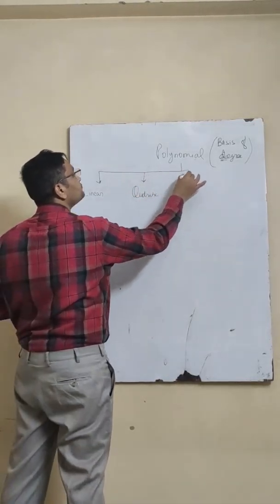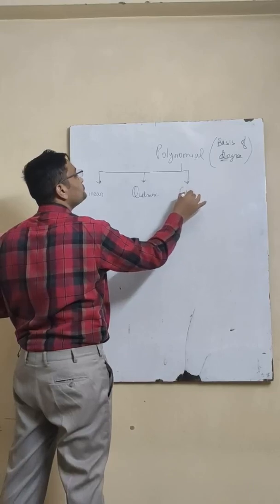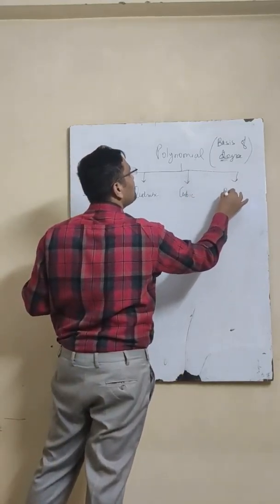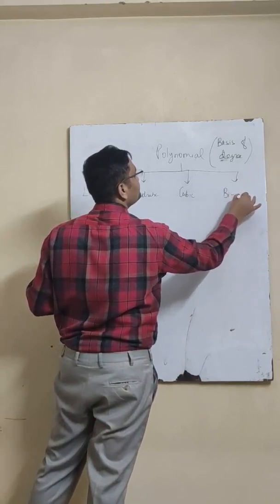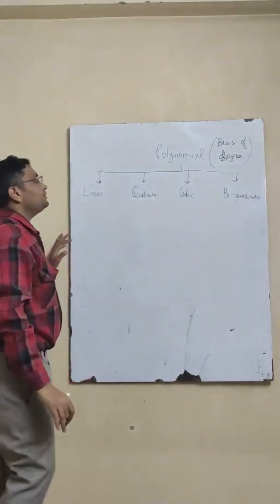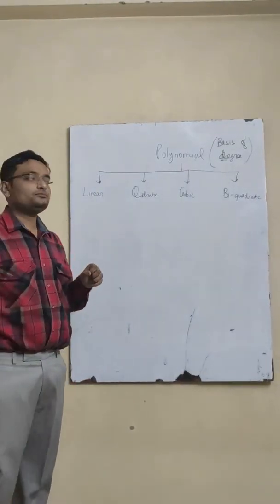quadratic, cubic, and biquadratic. Linear means 1.